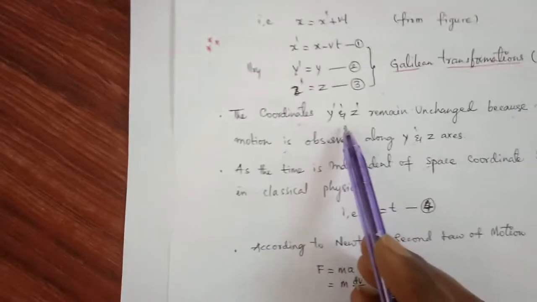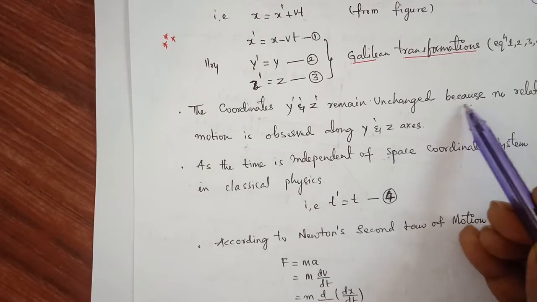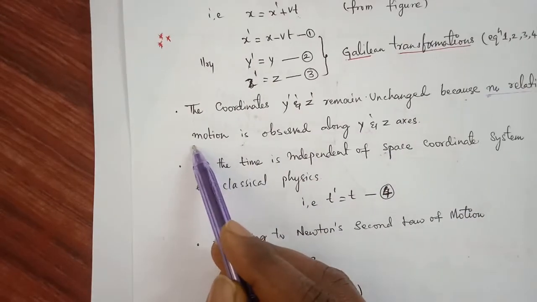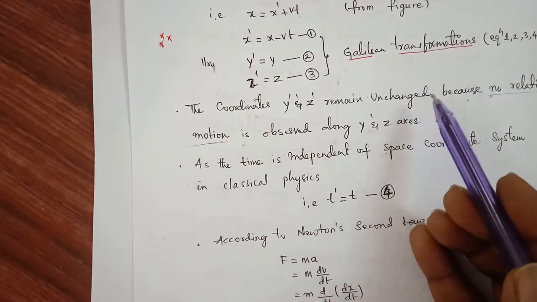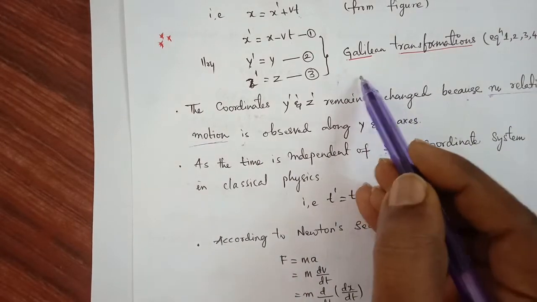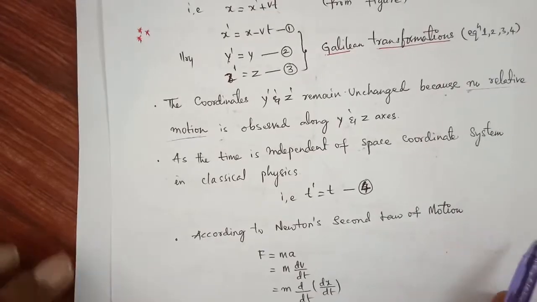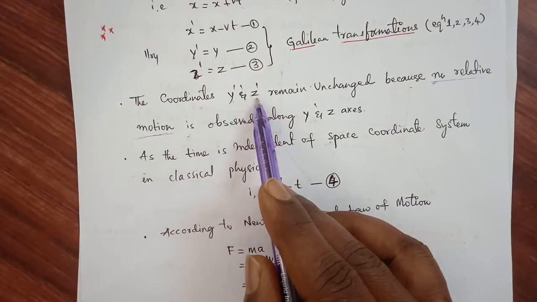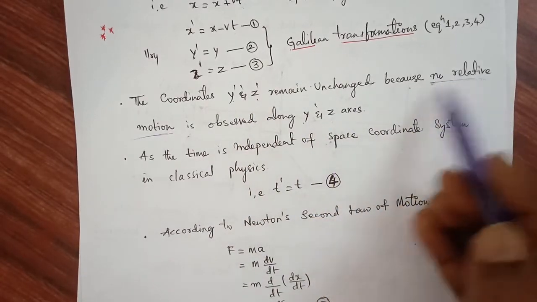The coordinates y, z remain unchanged because they have no relative motion. They are parallel motion. What is the relative motion? X and x dash have relative motion because they are moving in the positive x direction. And y dash, z dash and y, z have no relative motion, they are parallel motion.